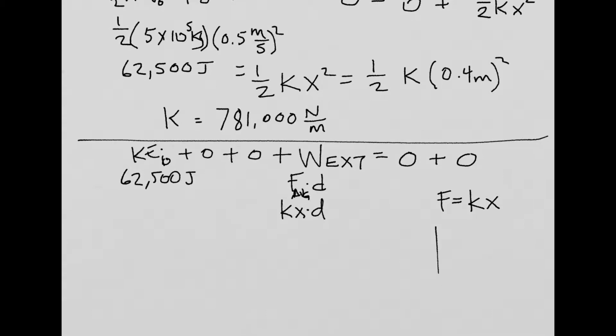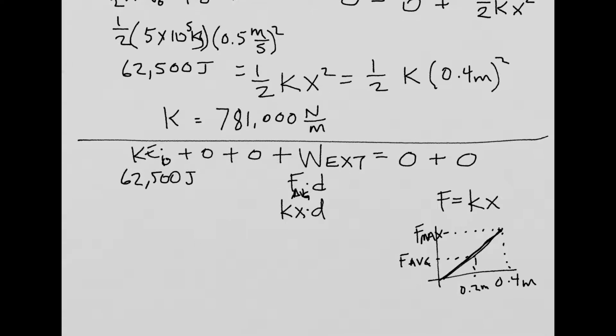If I plot this, the force, as I'm compressing the spring, increases to a maximum value at 0.4 meters. But the average force, which is what I want to take over the whole period of time, is equal to the force at 0.2 meters.